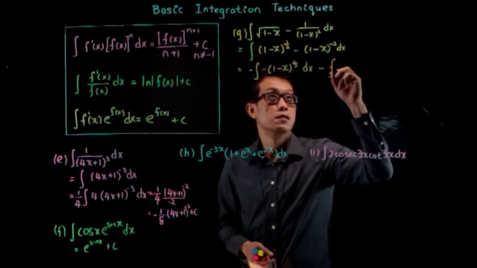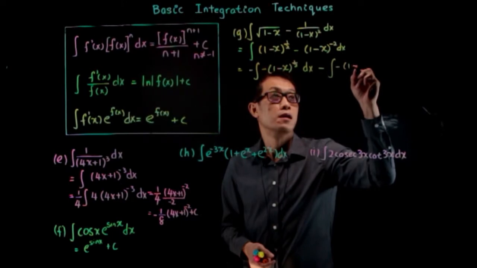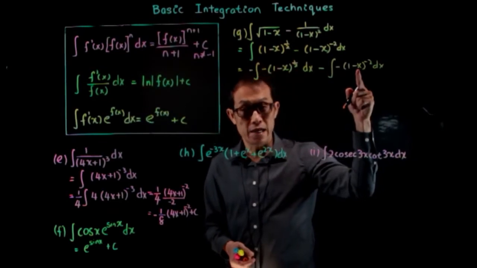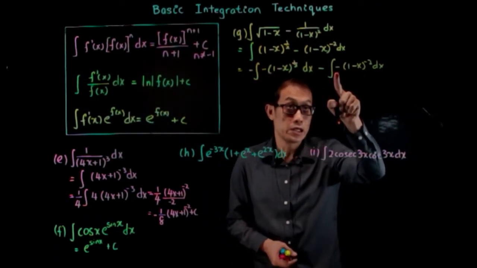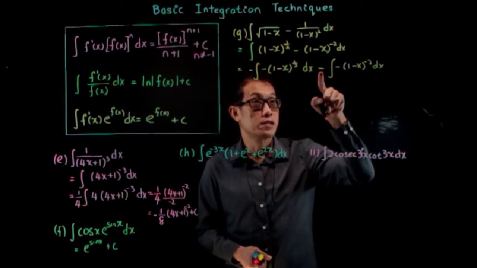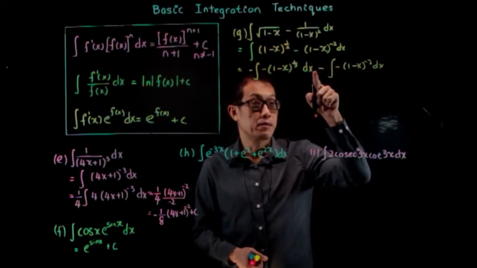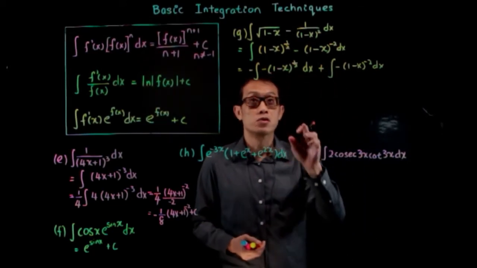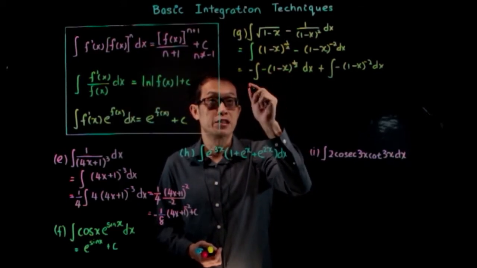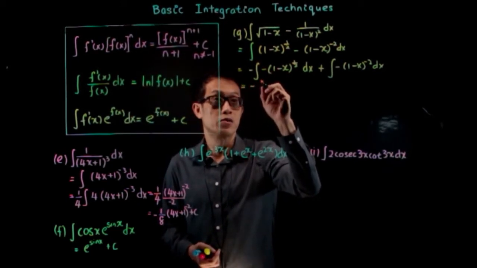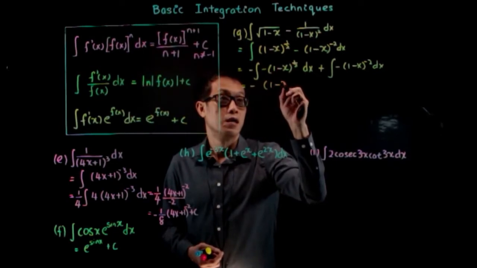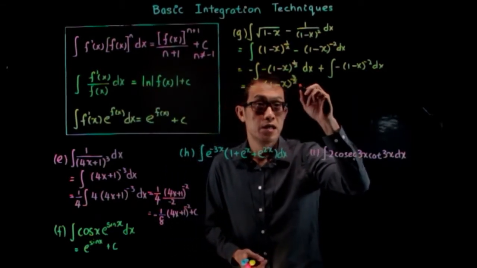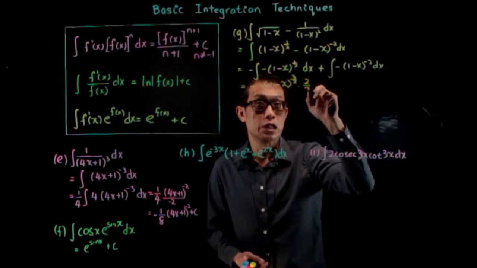Minus. Now same thing here, because the differential of minus x is minus 1, so I put a minus 1 here. But if I put a minus 1, I must divide by minus 1. So this one becomes plus 1 here. Okay, so this is the differential of the inside function. So what I need to do is, half plus 1 is 3 over 2. Divide by 3 over 2 is the same as multiply by 2/3.